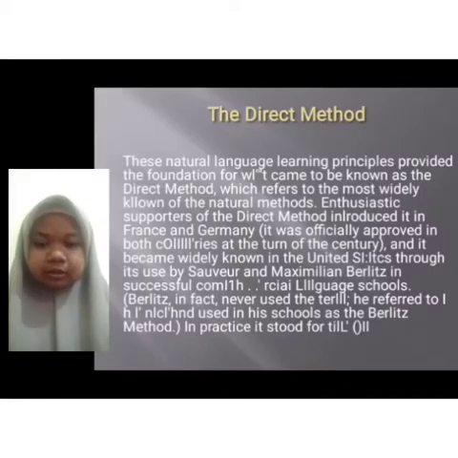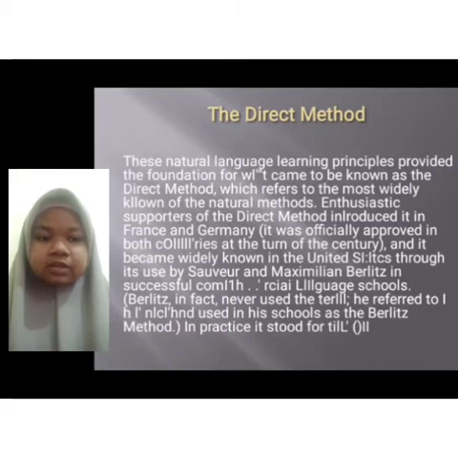Okay, I want to read material about the direct method. Gouin had been one of the first of the 19th century reformers to attempt to build a methodology around observation of child language learning.